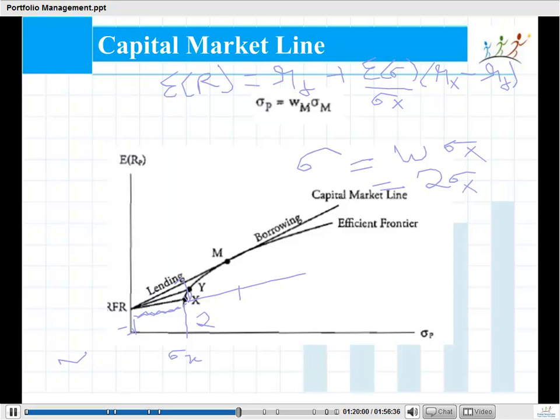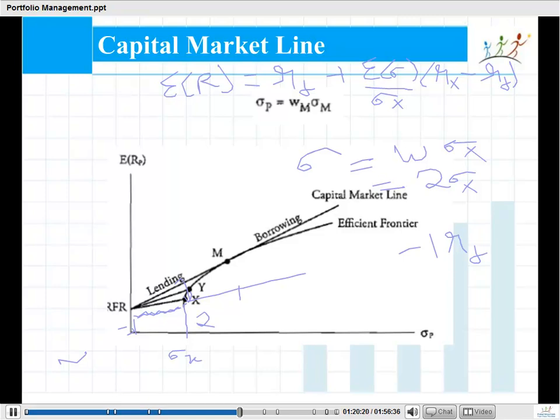But to put twice the weight in the risky asset, I have to borrow. I have to borrow minus 1 at the risk-free rate. So I have to pay someone the risk-free rate and borrow money to increase my risk even more than the risky asset.